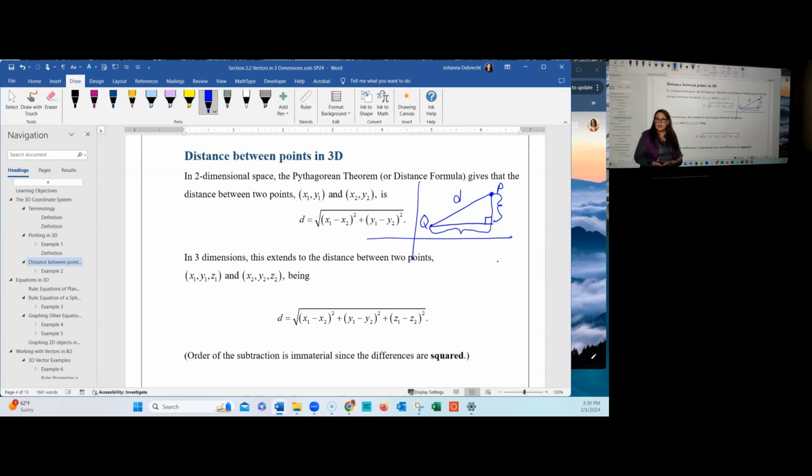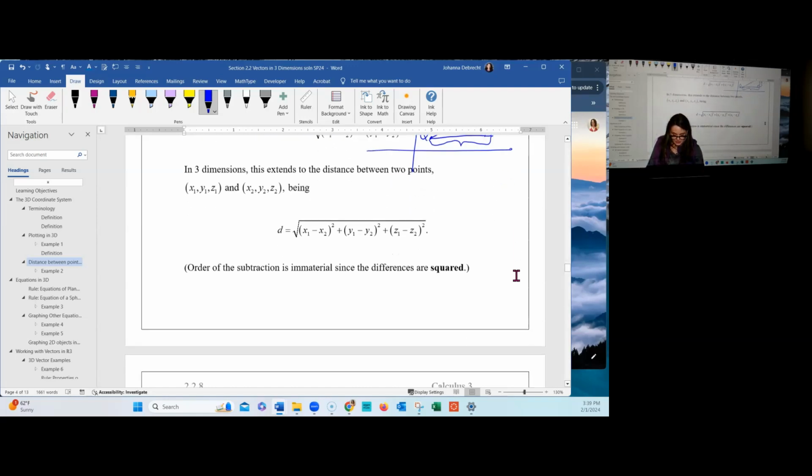What does that mean in a 3-dimensional world? What does that look like? We've said that in 2 dimensions, the distance is the length of the hypotenuse of the right triangle that connects the 2 points.